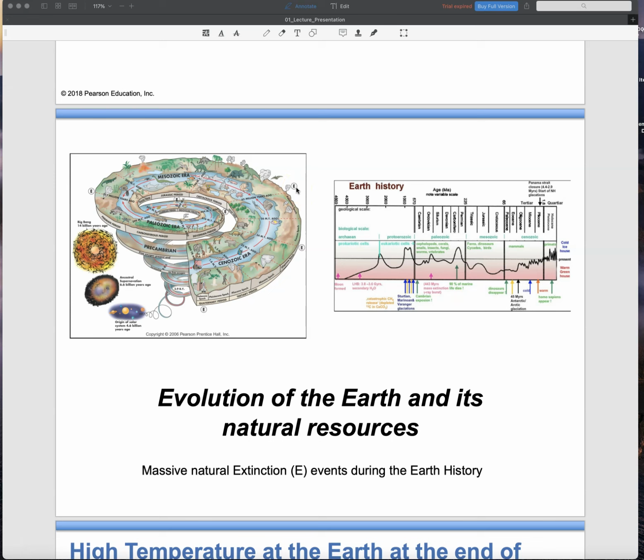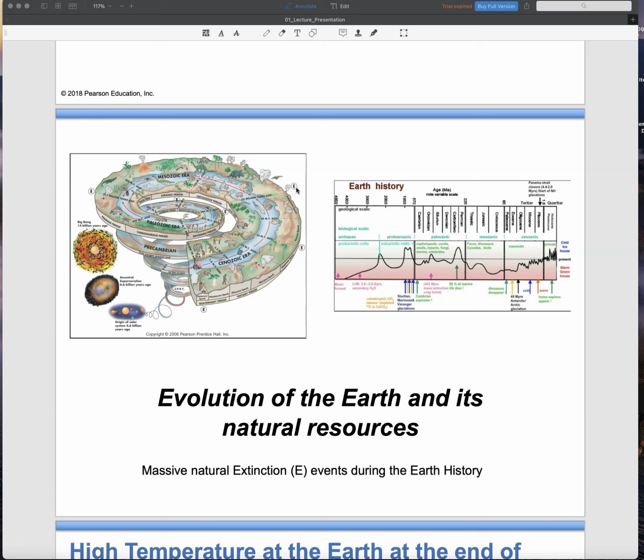At that moment, that extinction was created by an external factor. A meteor hit the Earth and created what we know today as the peninsula of Yucatan in Mexico. But that created a big crater, and that also created a very large disruption of the climate at that time.